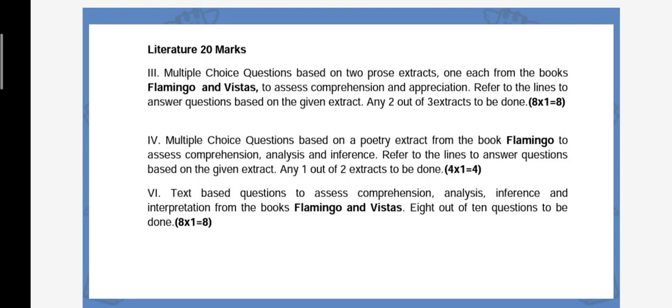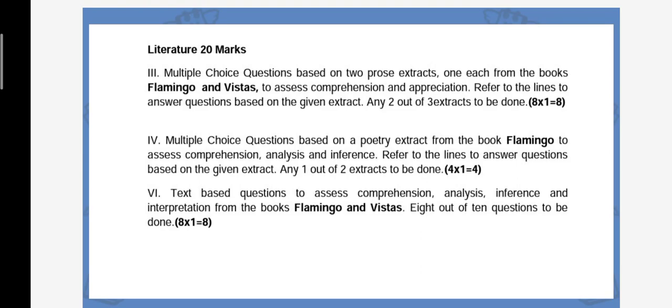The fourth question is also a multiple choice question based on a poetry extract from the book Flamingo to assess comprehension, analysis, and inference. Any one of the 2 extracts to be done. This question carries 4 marks.